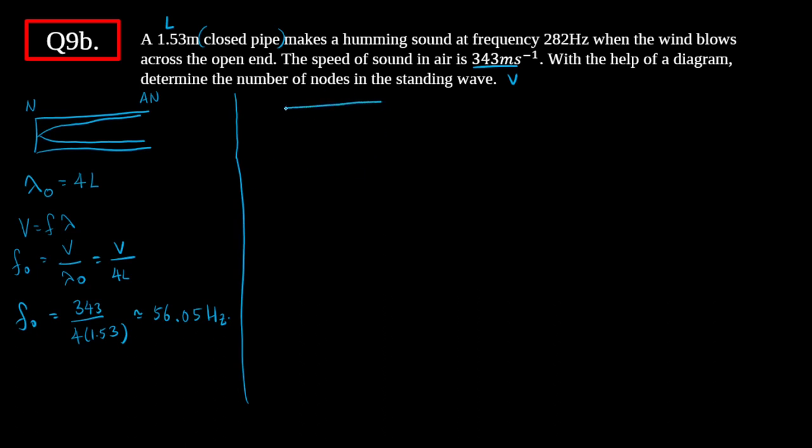The first overtone is going to look something like this. It's going to make a full circle and come back. For this one, it's going to be 3/4 rather than 1/4. That means to go from here to here, we multiply by 3.